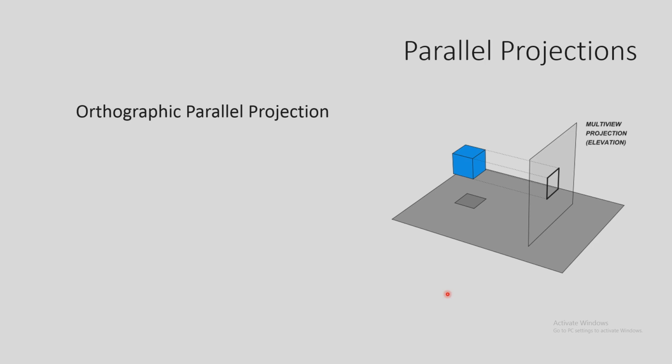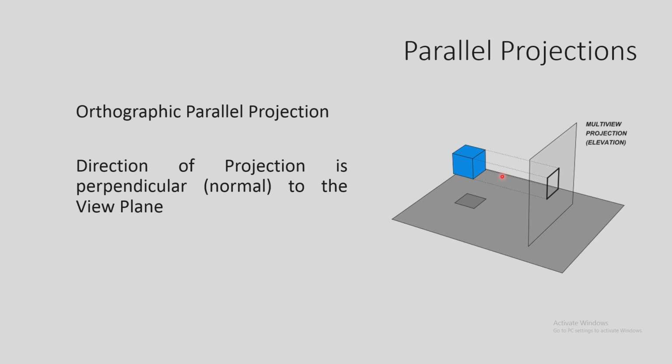Similarly, parallel projections can also be categorized into a few types. The first is orthogonal parallel projection. In this kind of parallel projection, the direction of projection, meaning the direction in which the lines are drawn, is normal to the plane of projection. So this is the plane.